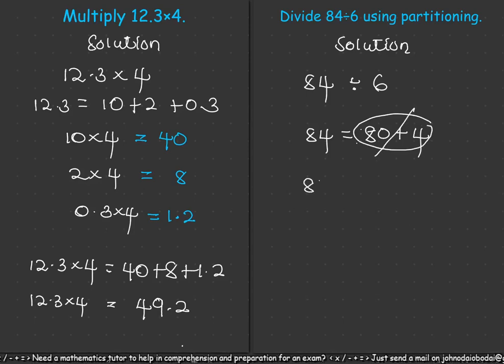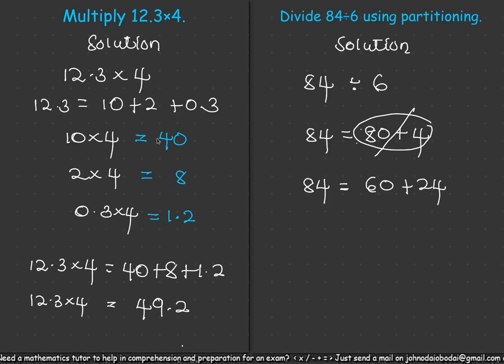But I would write 84 as, it means you ask yourself, what are the multiples of 6 that if you add them together, you get 84? So you have 60 plus 24.